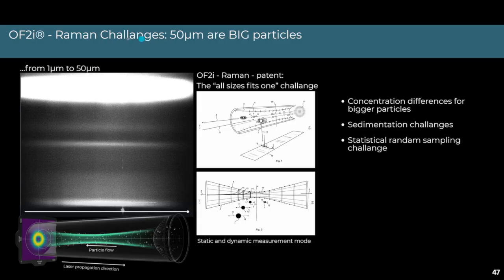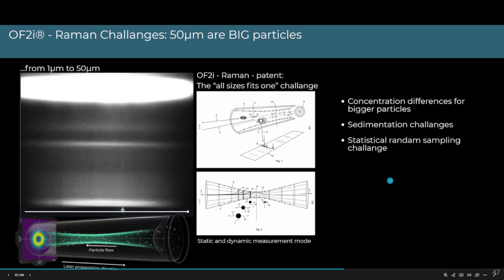We get particles from 1 to 20 micrometers, but also the big ones from 20 to 50 micrometers, in a very continuous way, where we handle the trapping mechanism and make a clear dynamic speed change, for example in the pumping speed, to pump them out and collect this data.